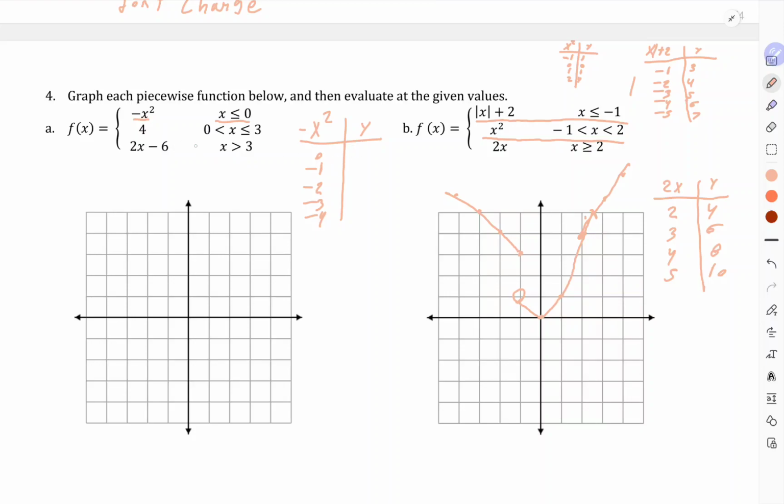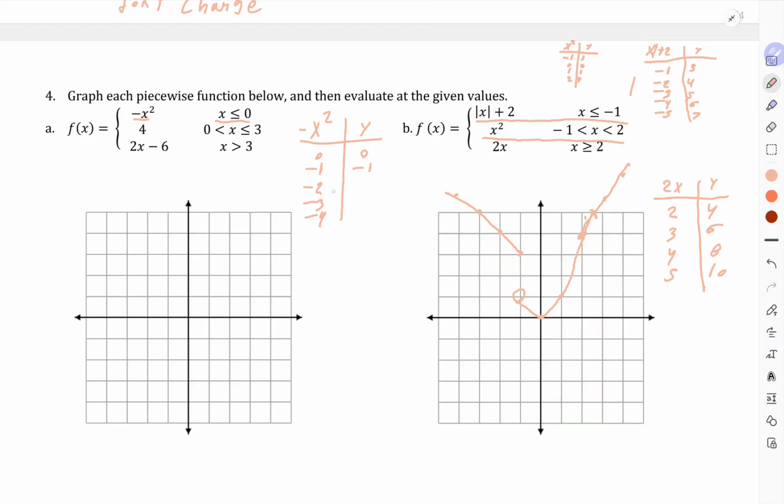You plug them in. 0 becomes 0. When you plug in -1 for negative x squared, exponents first, so it's still negative, it's -1. Wow, that's crazy. PEMDAS really comes in handy.